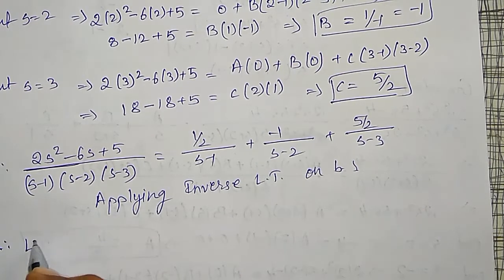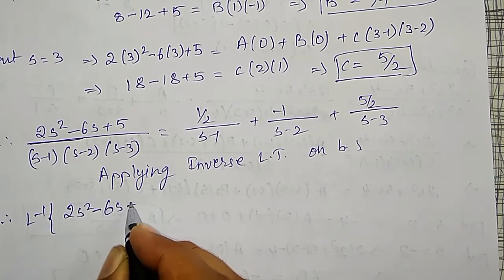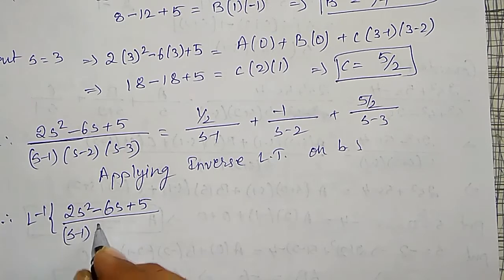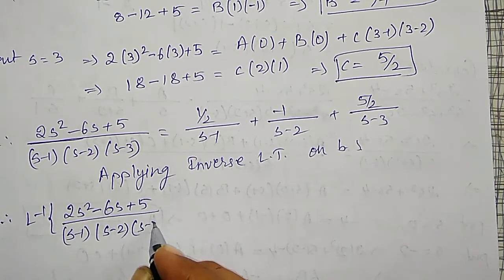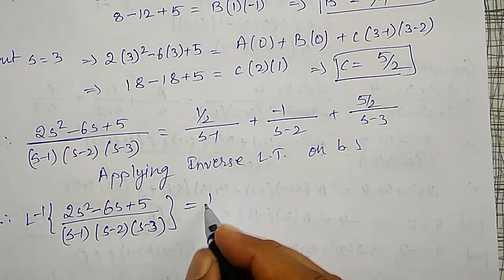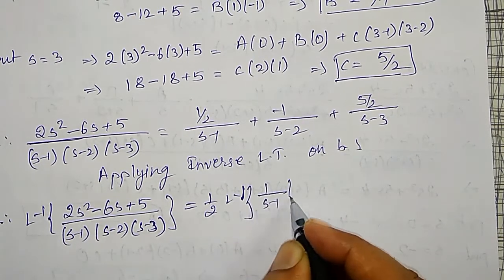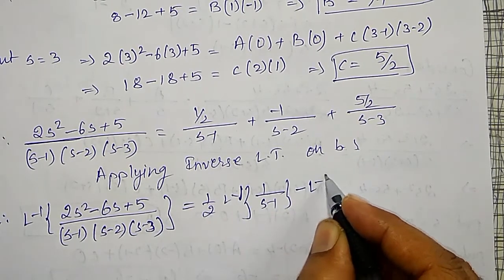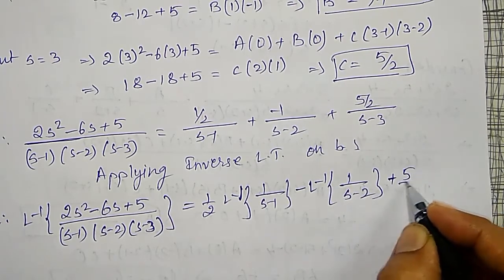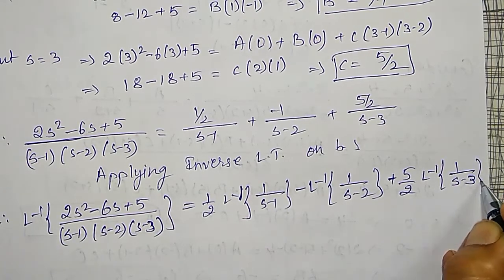Therefore, the inverse Laplace transform of (2s² − 6s + 5) divided by (s − 1)(s − 2)(s − 3) is equal to 1 by 2 times the inverse Laplace transform of 1 divided by (s − 1), minus the inverse Laplace transform of 1 divided by (s − 2), plus 5 by 2 times the inverse Laplace transform of 1 divided by (s − 3).